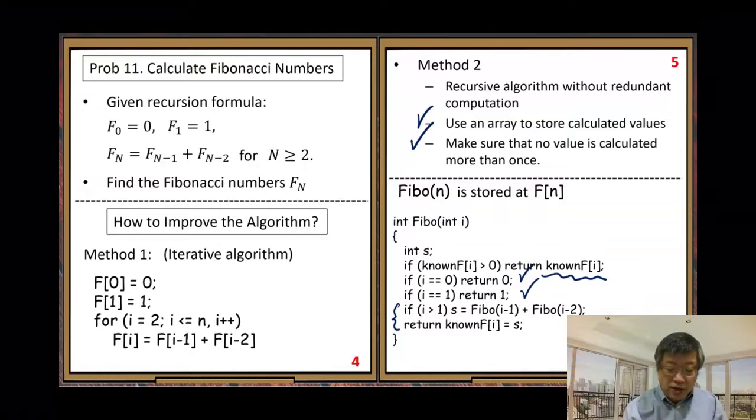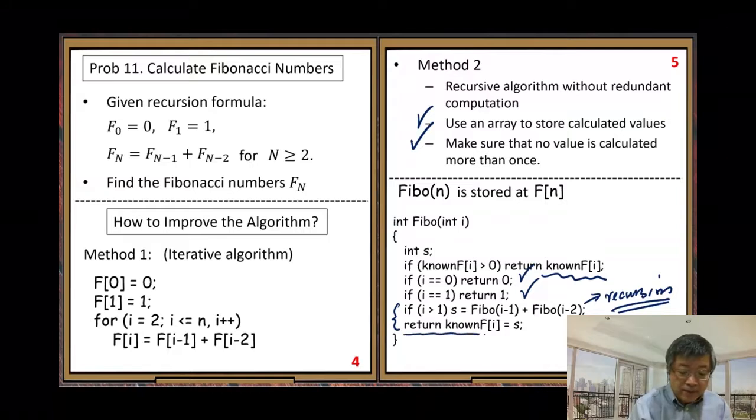So in this line, you can see we still do recursion. We do not avoid recursion. We still do recursion. But when you do recursion, you only need to add an extra line. Try to understand the logic.